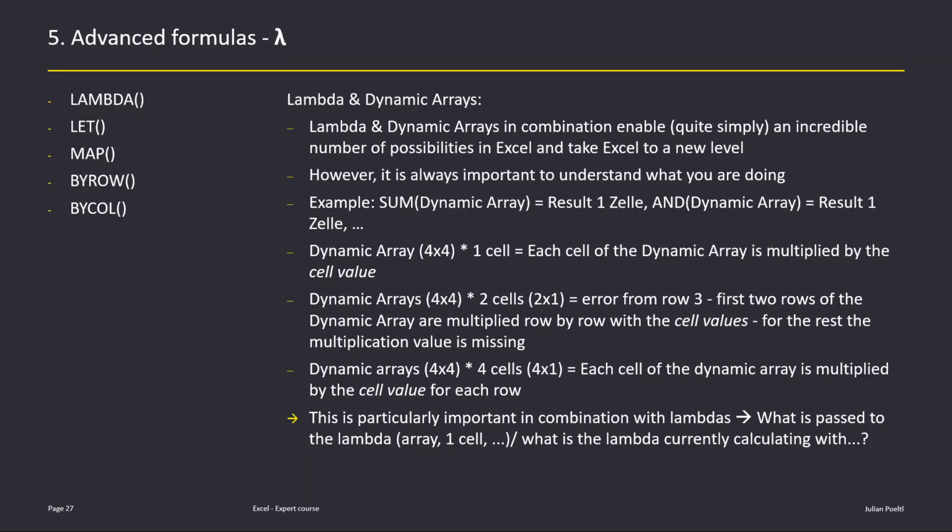And this will make Excel very, very cool if you use lambdas and dynamic arrays in combination. But you should pay attention to what the result is, and what the input is. So if you have a dynamic array, what is the extent of my dynamic array, and so on. What did I pass to the lambda, and what am I currently calculating with?